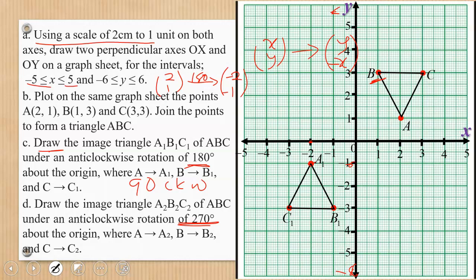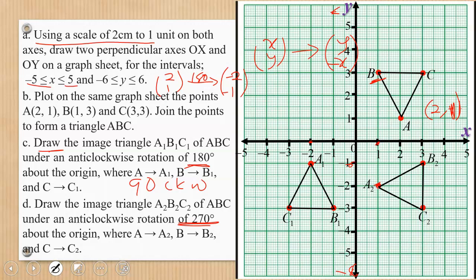So if the original A is (2, 1), then the image is going to be (1, -2). So (1, -2), we'll plot our point here. If B is (1, 3), then the image becomes (3, -1), and so we get it here. Then the last one is (3, 3), the image becomes (3, -3). Then again, we put them together, and that gives us this result.